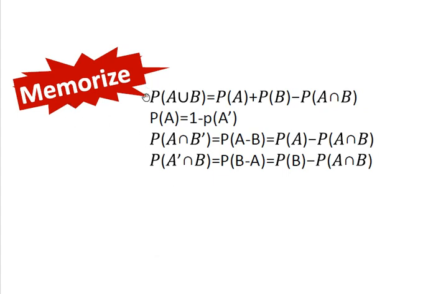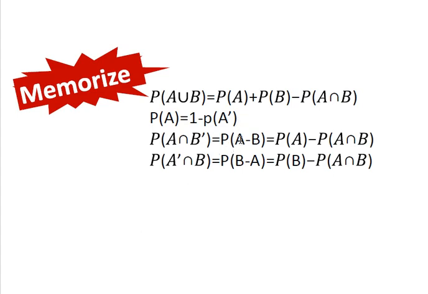Please memorize these equations. The probability of A union B. The probability of A is 1 minus the probability of A prime.